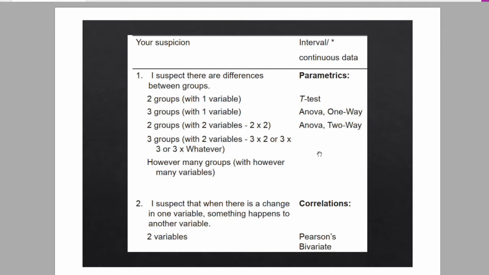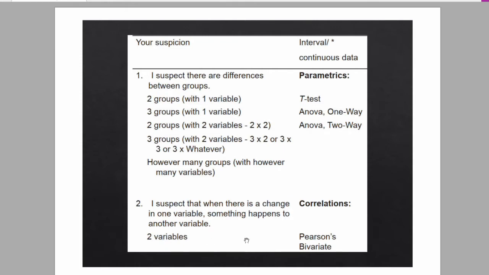ANOVA and t-test are to look at the differences in averages between groups. And correlations, so a Pearson's bivariate correlation, for example, would be to look at whether a change in one variable is associated with a change in another variable. That's to look at two variables.